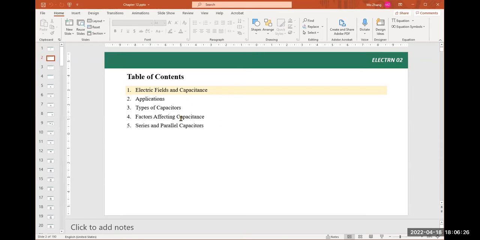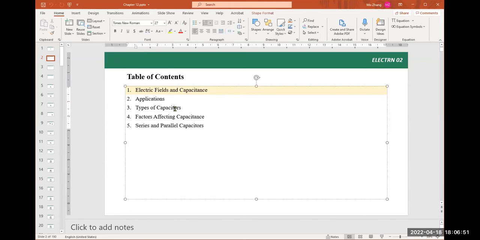In this chapter, we are going to cover the following sessions. Session 1, 12.1, is called electric fields and capacitance. The second session is called applications of capacitors. Session 3 is different types, different categories of capacitors.